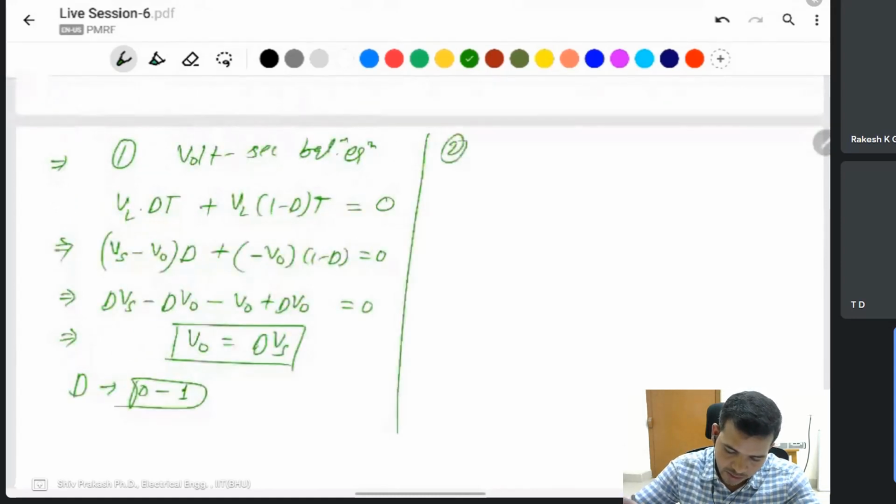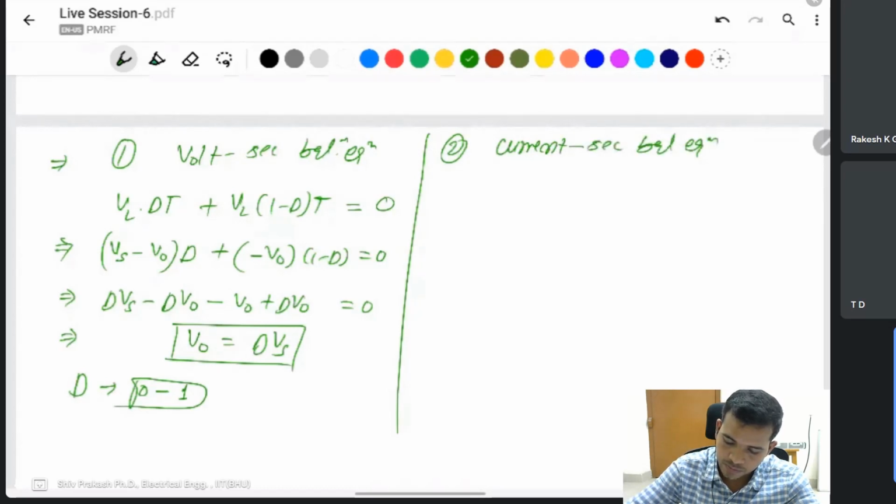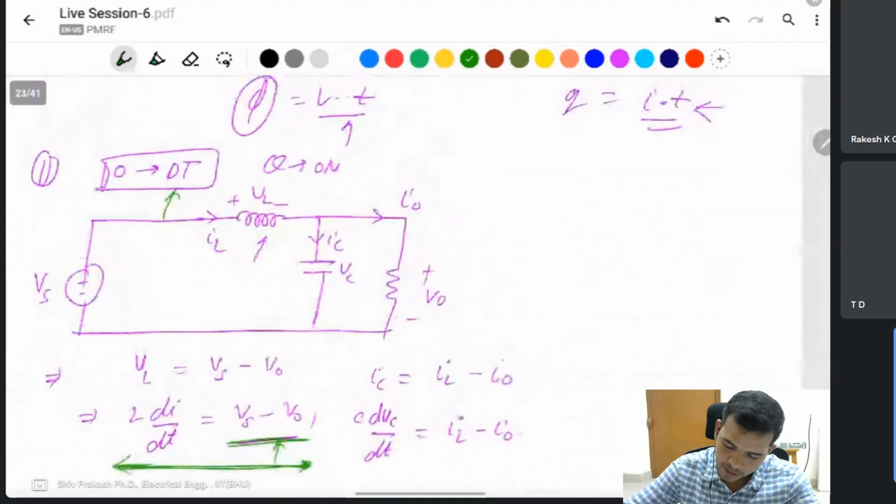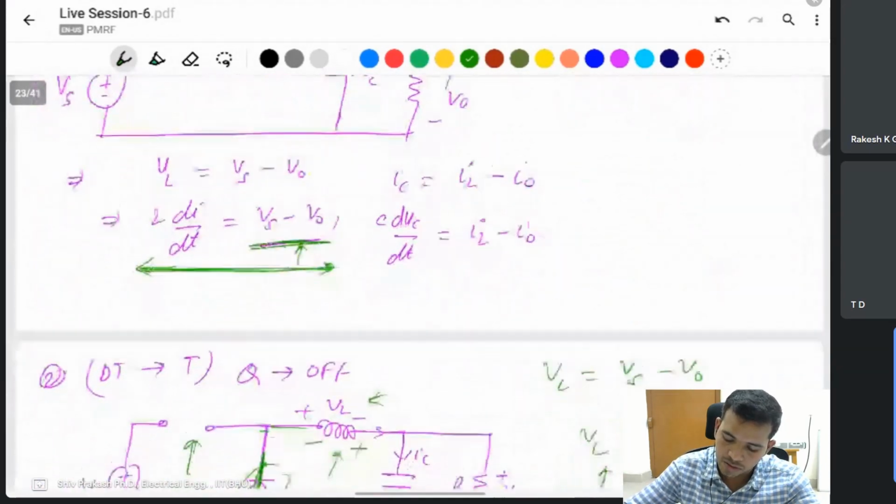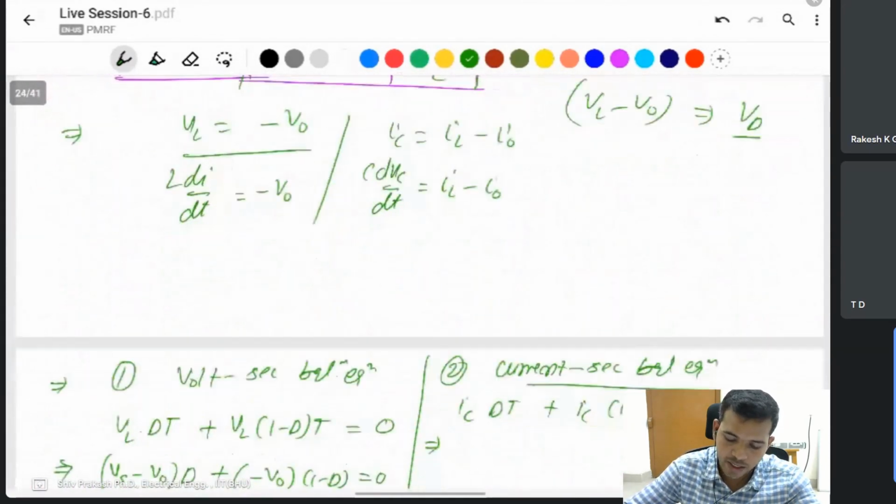The second thing, you apply current-second balance. IC into dT plus IC into 1 minus D into T is equal to 0. First time it is IL minus I naught, and second time also the same, IL minus I naught.